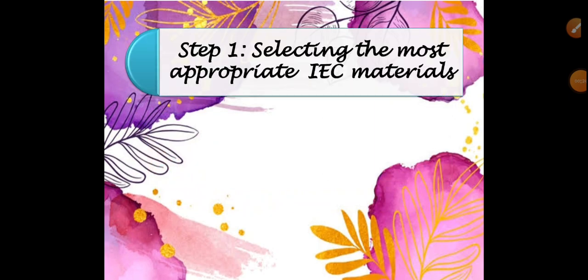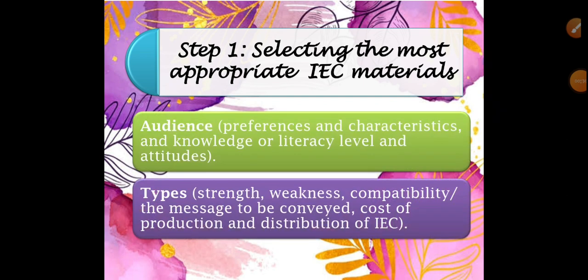Step 1. Selecting the most appropriate IEC materials. The success and impact of IEC materials depends largely on the understanding of the target audience. How? Audience analysis based on problem, characteristics of each audience, stage of behavior change, barriers of behavior change, key influences.